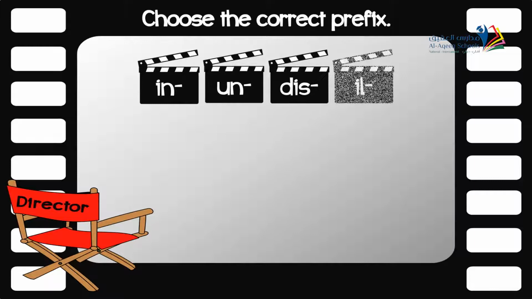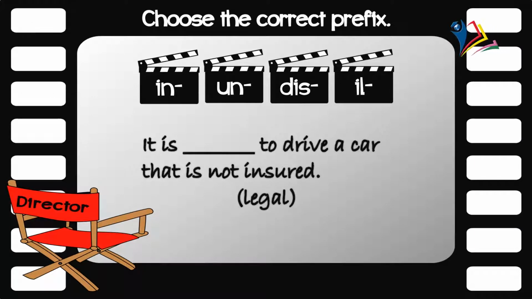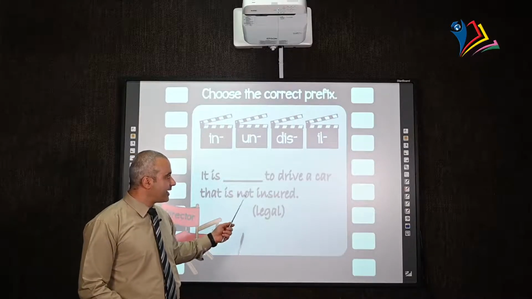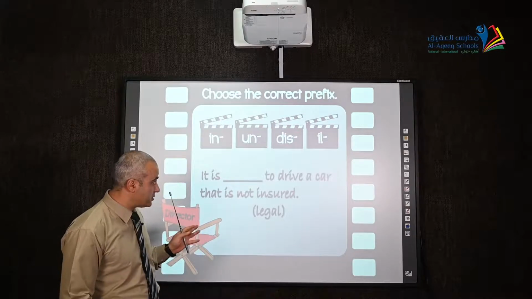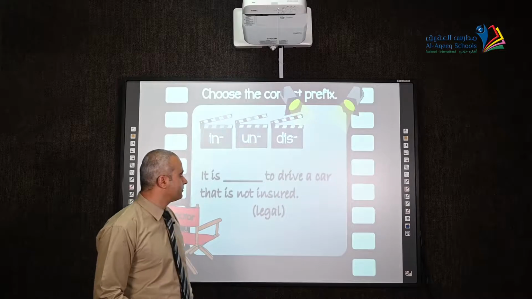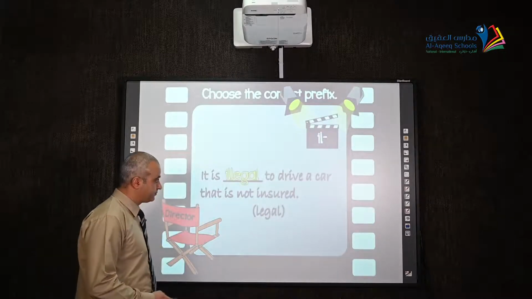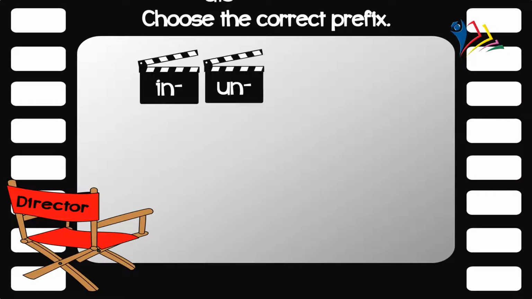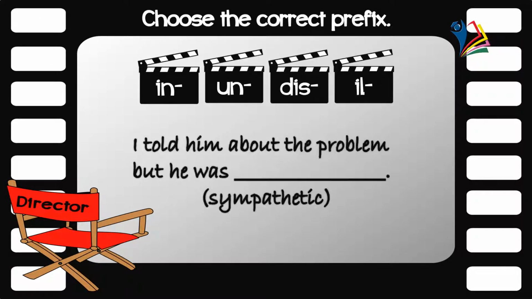Okay. Second, in, un, dis, il. It is illegal to drive a car that is not insured. Legal. We said that the word root here begins with the letter L, so the most appropriate one is to use il. Illegal. After that, in, un, dis, il.